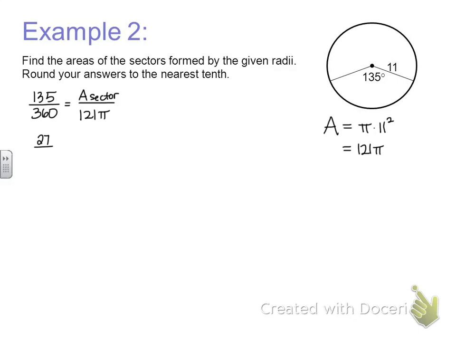What's 360 divided by 5? 72. And I'm just going to shorthand the area of the sector with A sub S for right now. Do you see 2 more numbers that divide both 27 and 72? 9, right? So 27 divided by 9 is 72 divided by 9? All right.